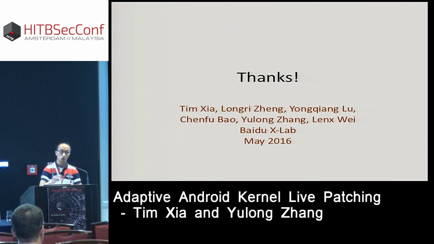The user can ignore them, and not apply the patches from Baidu or from other vendors providing the live patch. The situation is not worse than their current situation because the vulnerabilities are there, right? The attacker can exploit these vulnerabilities to gain root instead of us. So we just provide a solution to make things better. This is a choice for them, and this is a free market. They can choose it or not choose it. We don't force them to apply the patches.